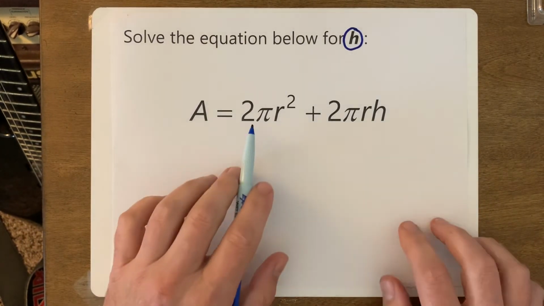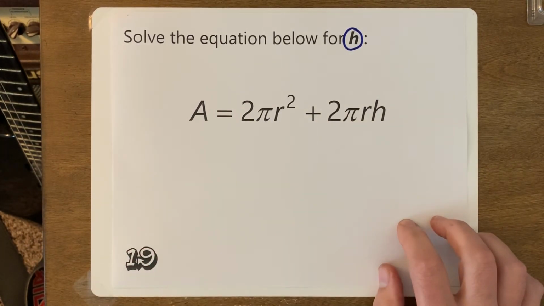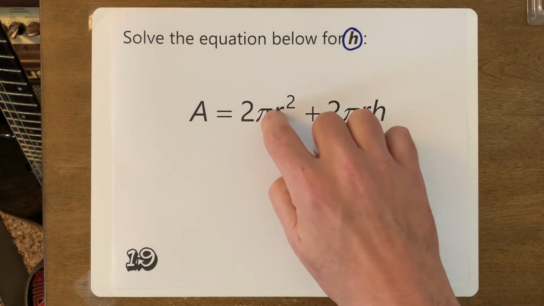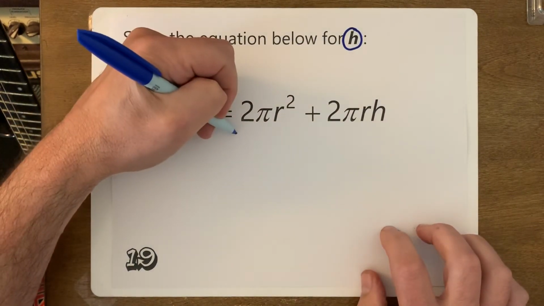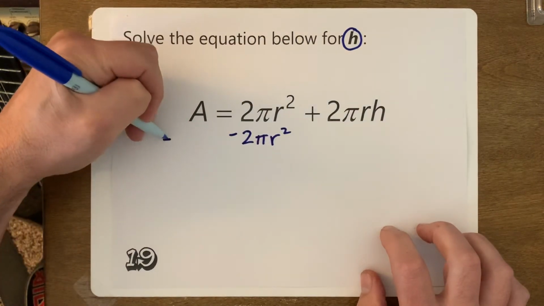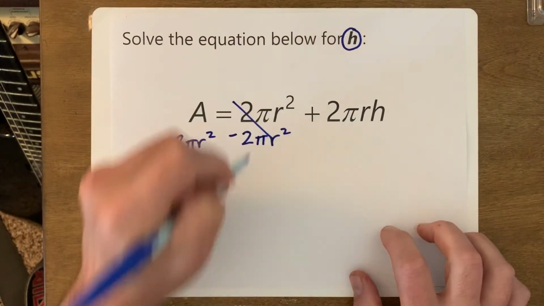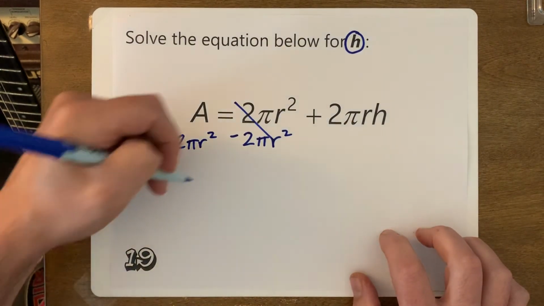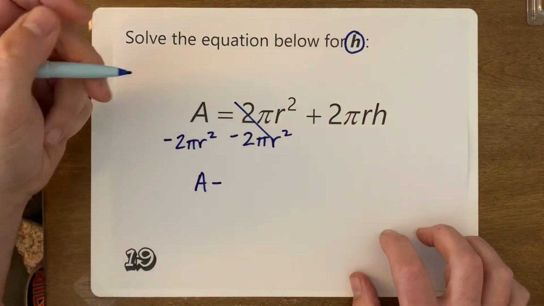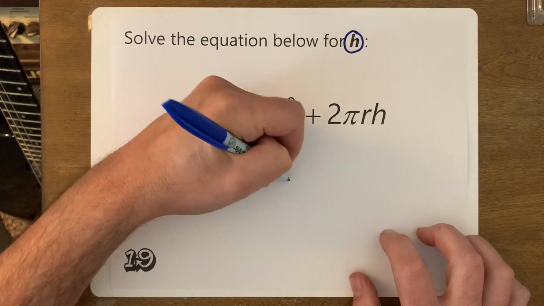I could factor a 2 pi r out of both of these, or I could move this term over, minus 2 pi r squared. It just depends on your teacher.